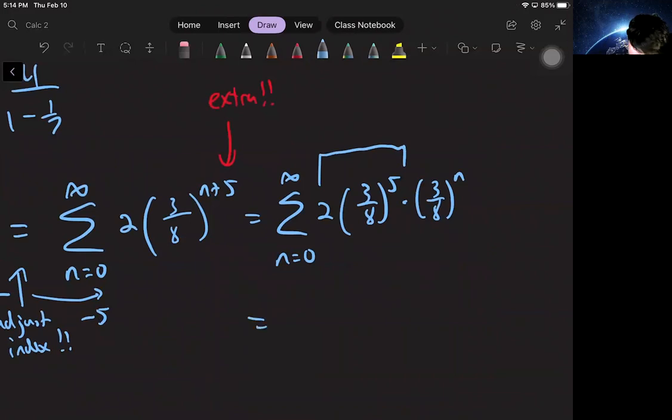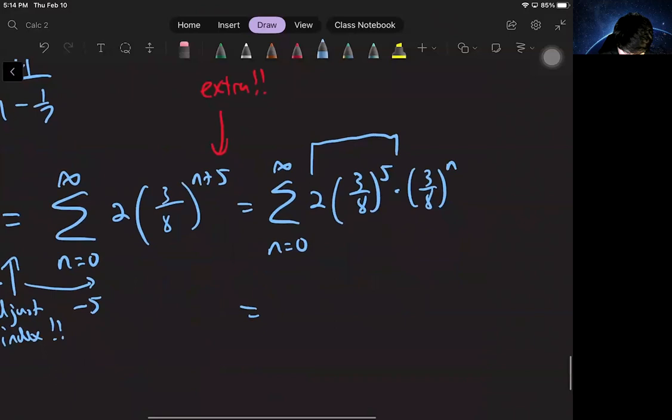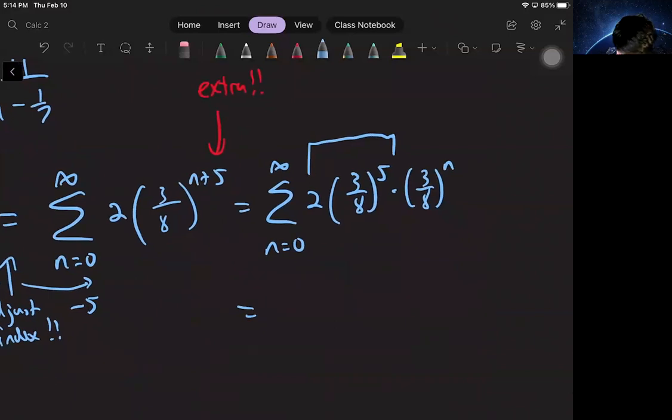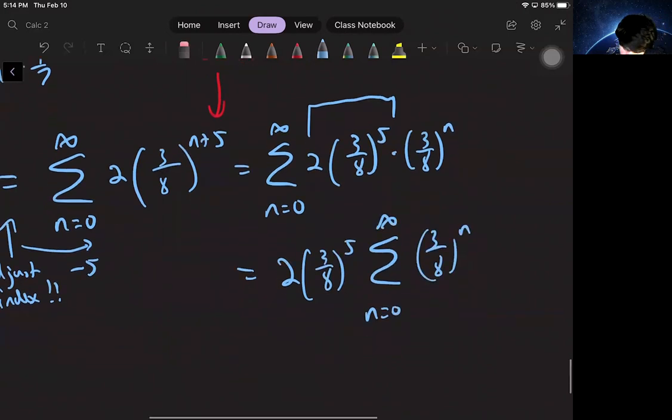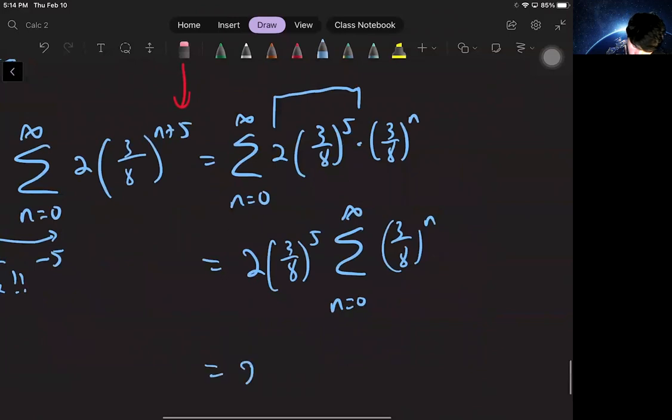They don't have any variable in them. There's no n in this piece that's being multiplied. So because it's being multiplied, I can just factor it out. And then I'm now left with something that I can use my formula on to finish the problem.